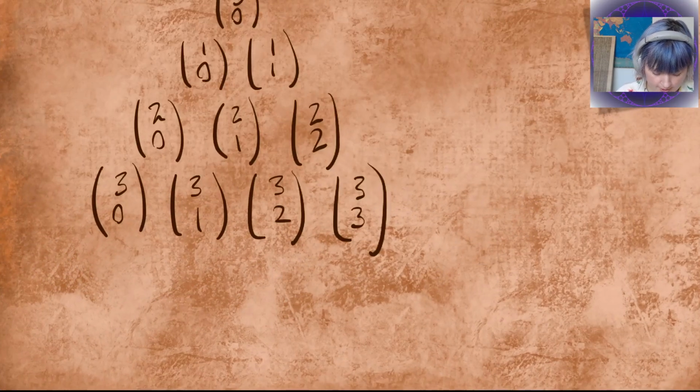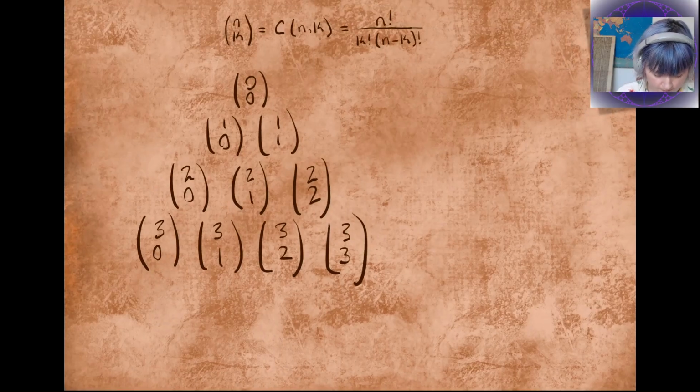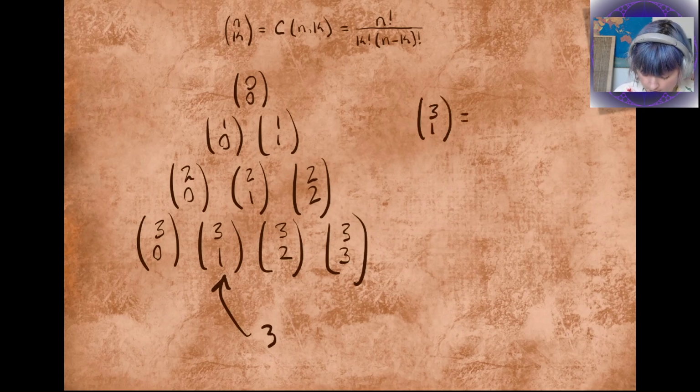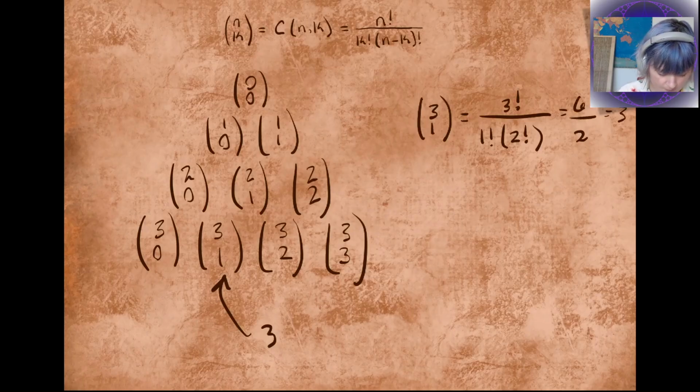So you know that this is supposed to be 3, right? Let's just try that real quick. 3 choose 1 is equal to n factorial, which is 3 factorial, over k factorial, which is 1 factorial, times n minus k, which is 2, factorial. 6 over 2, which is equal to 3.